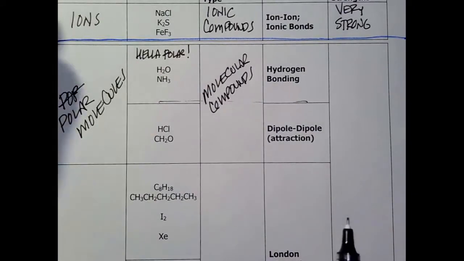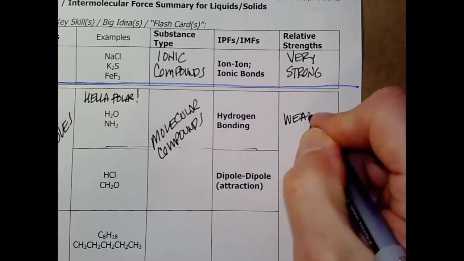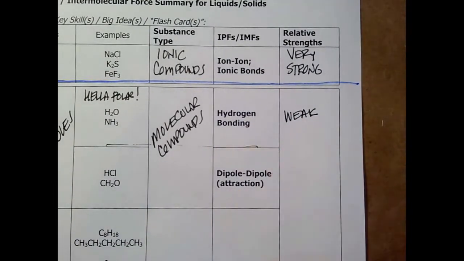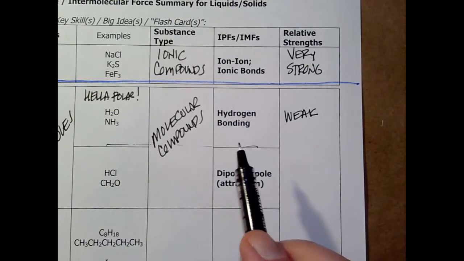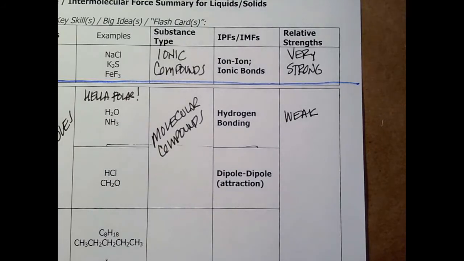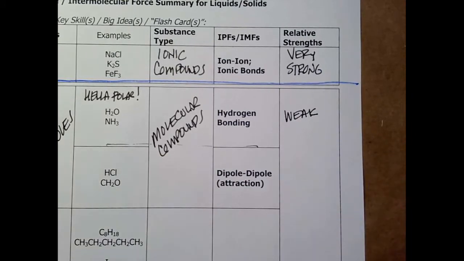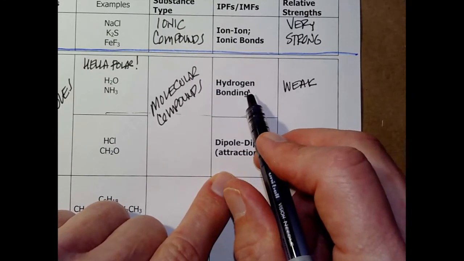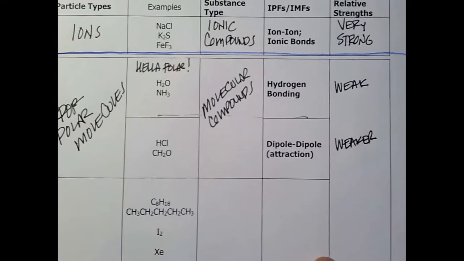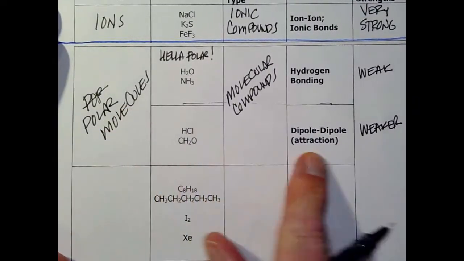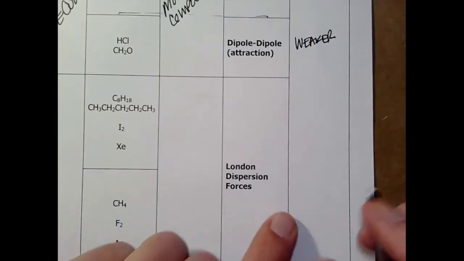So this special case, now this is a little confusing. We said this is very strong. We're going to say weak. We're going to come back and rate these. But of the weak forces, these intermolecular forces, hydrogen bonding is actually the strongest weak force, but relative to ionic compound bonding, it's very, very weak. So we say hydrogen bonding is weak. It turns out dipole-dipole is weaker. And that's just regular polar molecules. So weak, weaker, and guess what London dispersion forces are going to be?